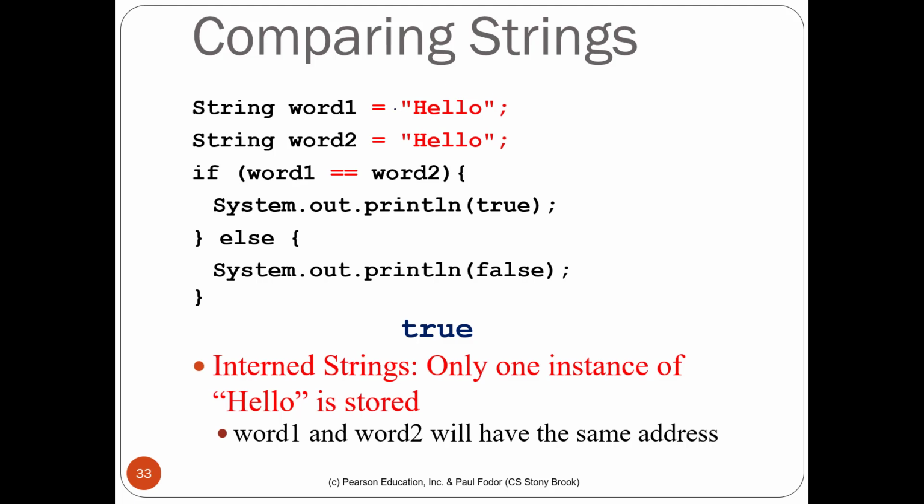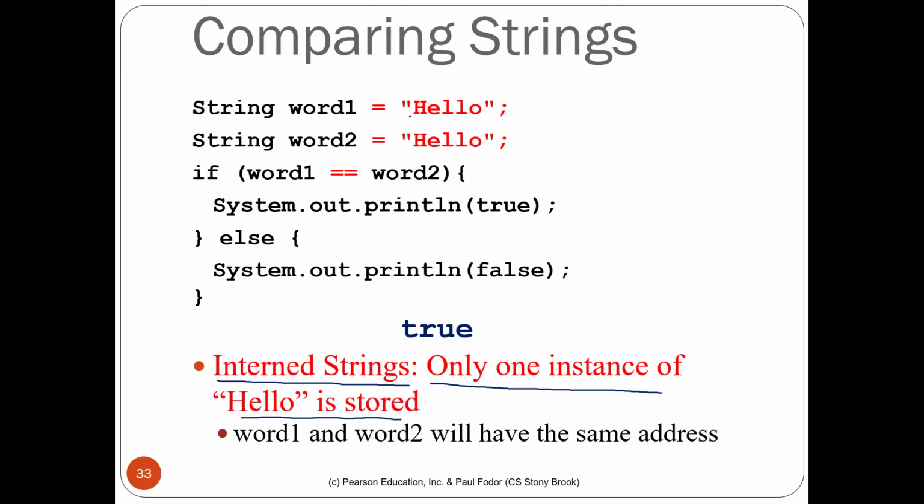So in these cases where you declare a variable of string type and don't use new for creating that string, what Java does is something called interning the string. And in interning the string, only one copy of the string would be kept if those strings are the same. So only one instance of hello would be stored if you do it like this, right?